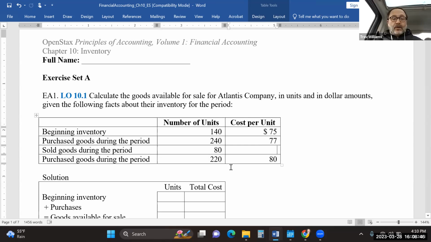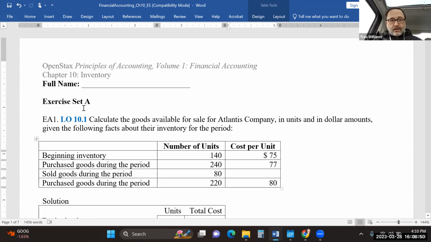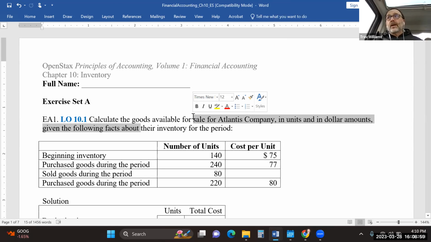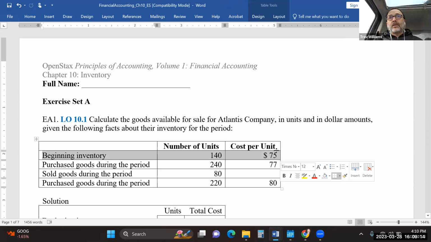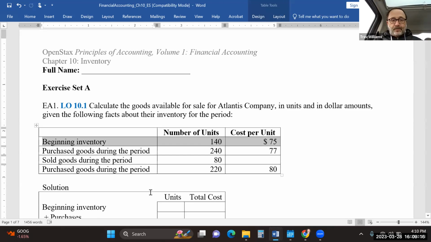What we need to do is figure out the cost of the goods that are available for sale. So in other words, during that month, if you look at all the inventory that could have been sold, that was available for sale, what is the cost of that inventory? So that would include the beginning inventory, and it would also include any inventory that was purchased.